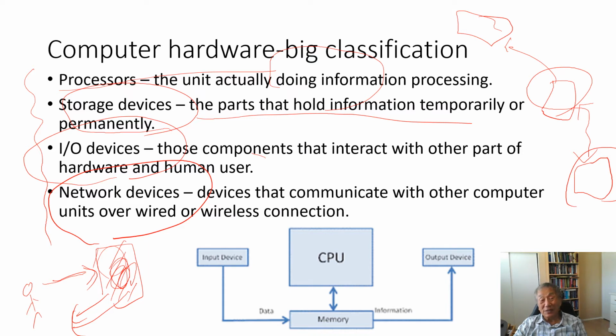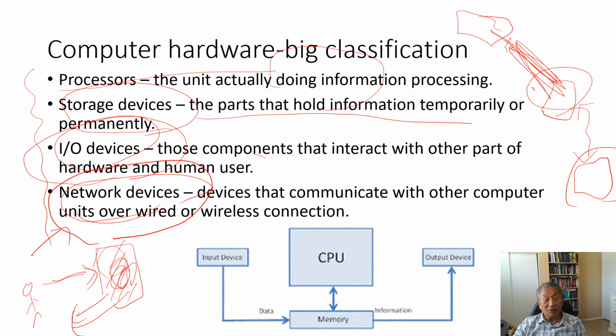By some kind of data or information passing around. So in a sense, that's input and output, so I/O devices. But the network devices are quite different from the typical I/O we are dealing with. So I prefer to put that one in a separate category as network devices.